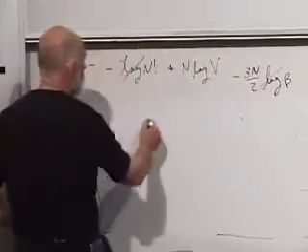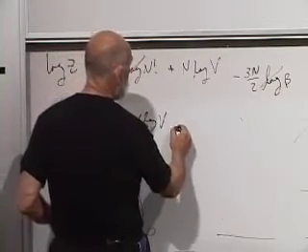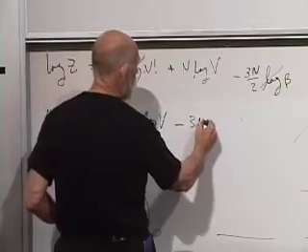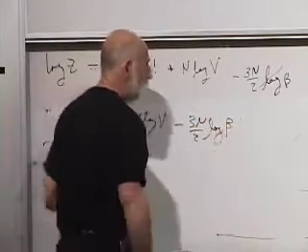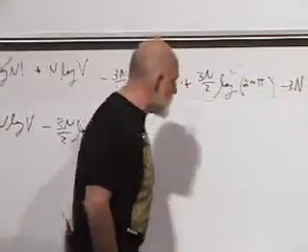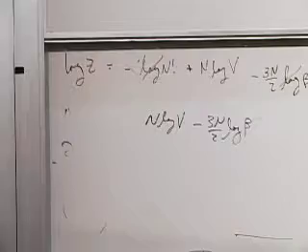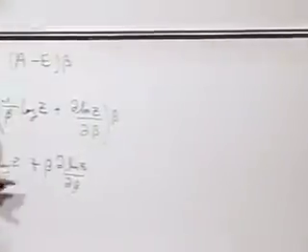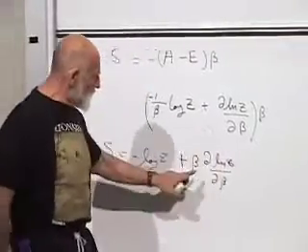In particular, the important pieces of it are n log v minus 3n over 2 log beta, plus this constant stuff over here, which is not important when we differentiate it. And then beta d log z by d beta, but this is just the energy.